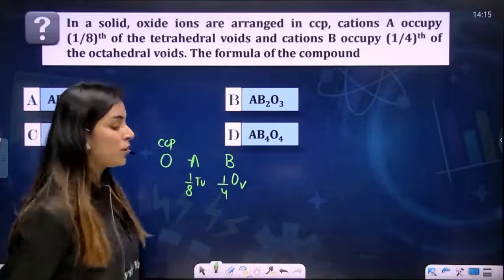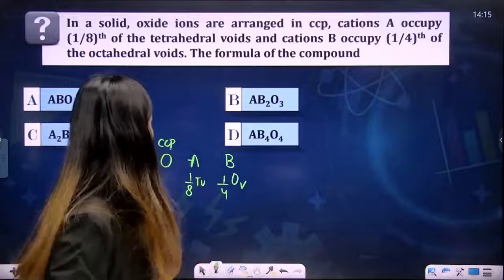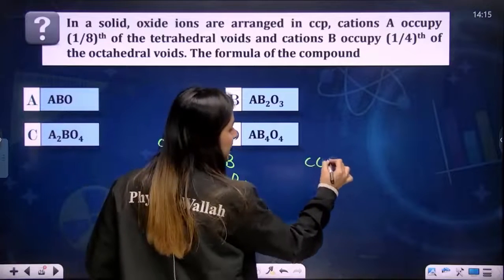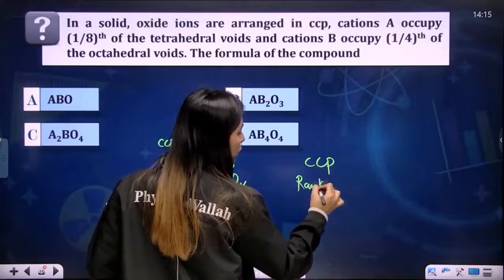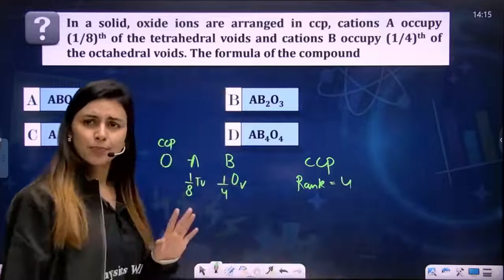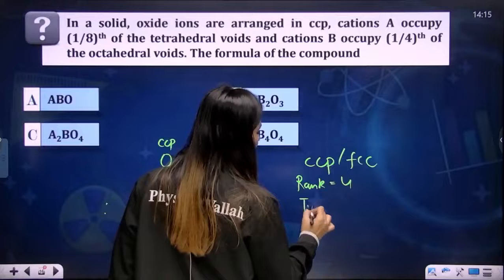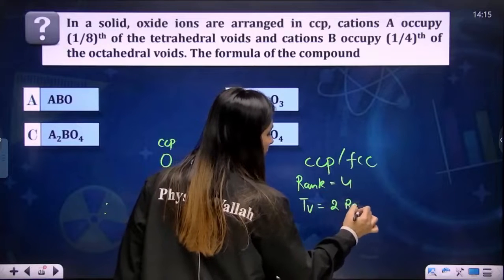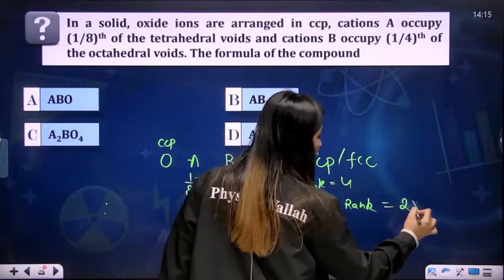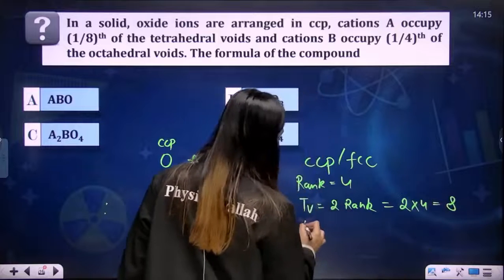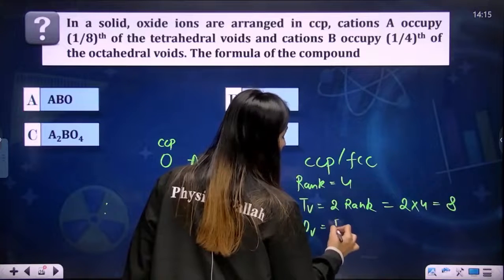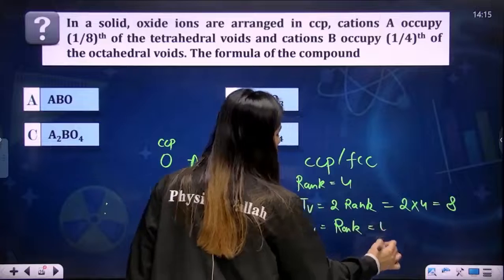You have to tell the formula of the compound. If it crystallizes in a CCP lattice, can I say that the rank is equal to 4? Perfect. CCP means FCC. Rank is 4. How many tetrahedral voids? 2 times the rank, so 2 into 4, which is equal to 8. And how many octahedral voids? Equal to the rank, which is 4, right?